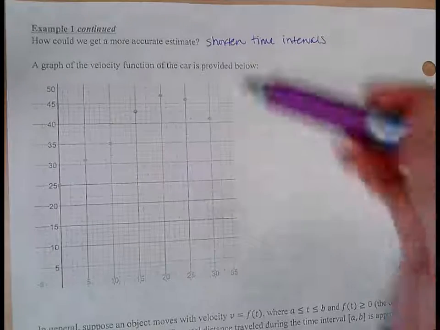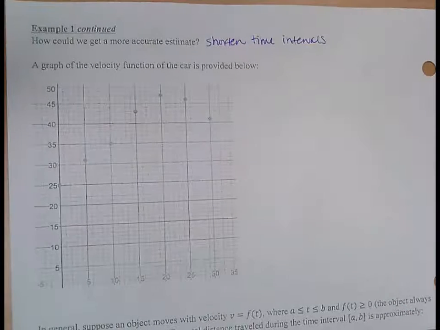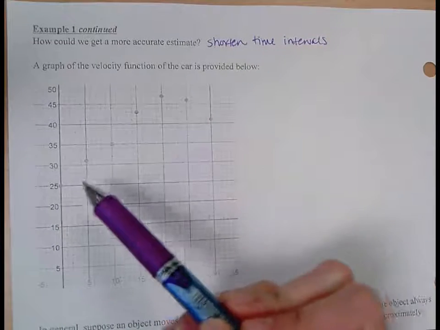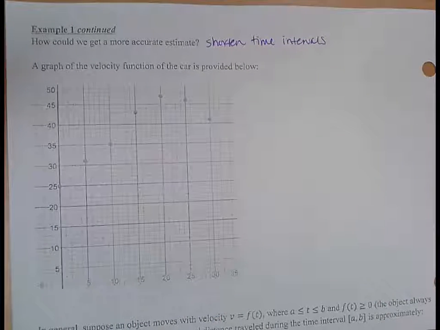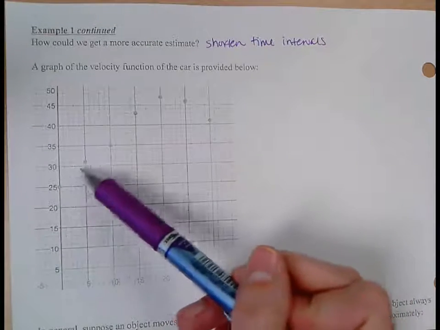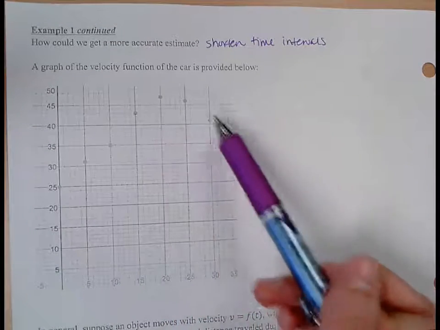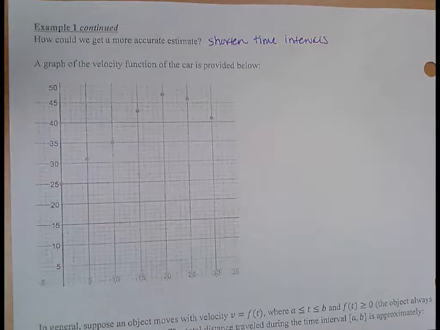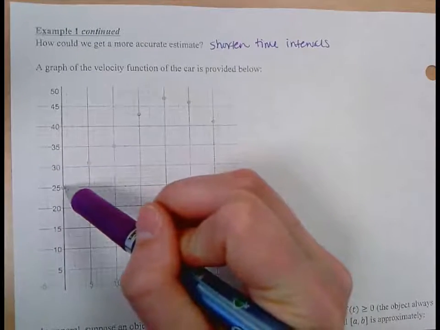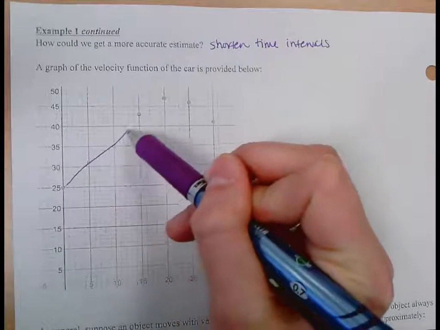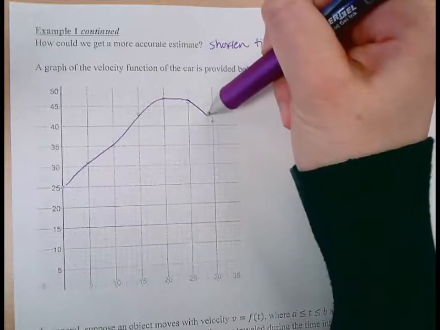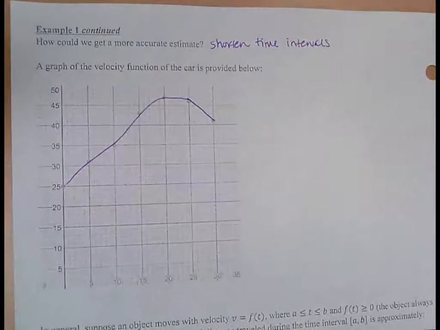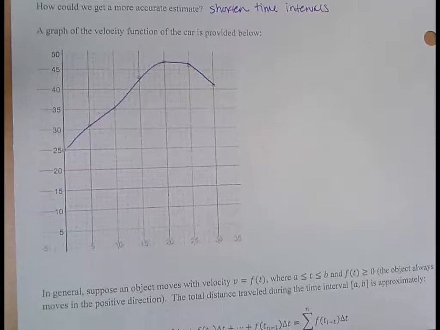But then what I have below that is just kind of getting you that idea of a limit once again. This is actually a graph of the velocity that we had in the table on the front page. So I have those velocities all plotted there. We could connect them, since velocity would be continuous, with a smooth curve.